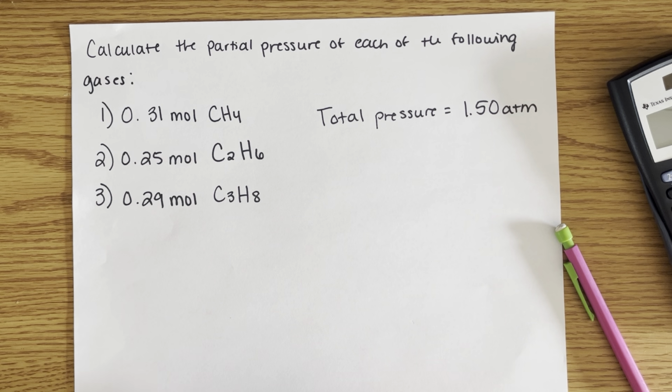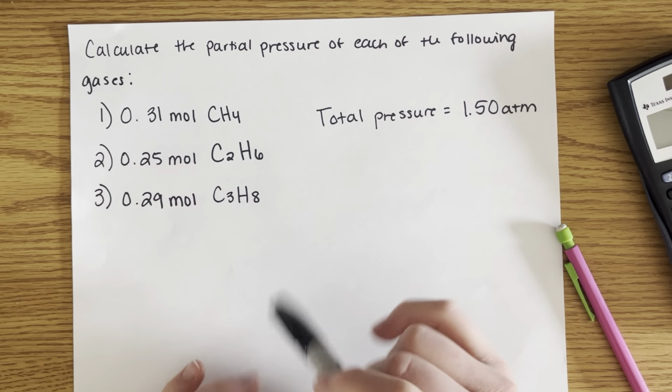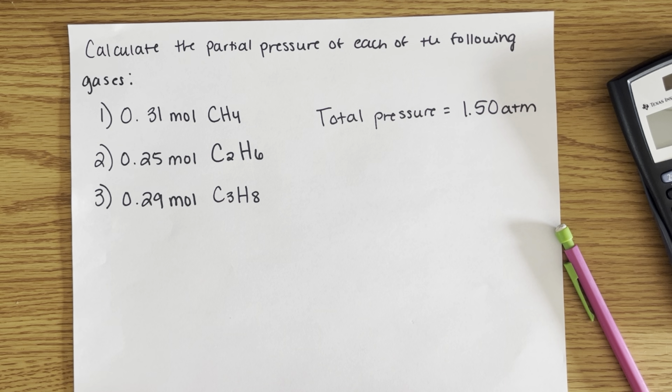Calculate the partial pressure of each of the following gases. There's lots of numbers, lots of letters, lots of information going on. But I think the first thing that we can try to do is focus on one at a time.